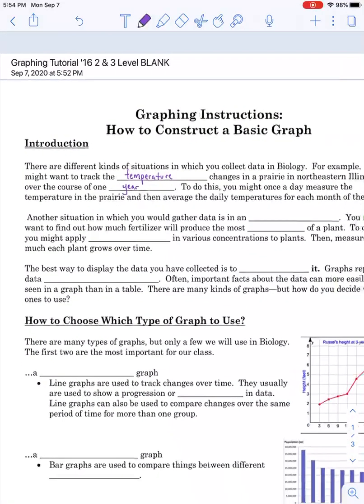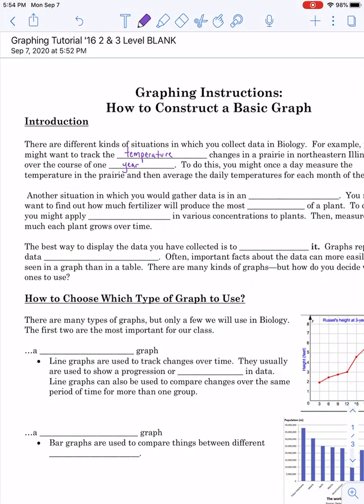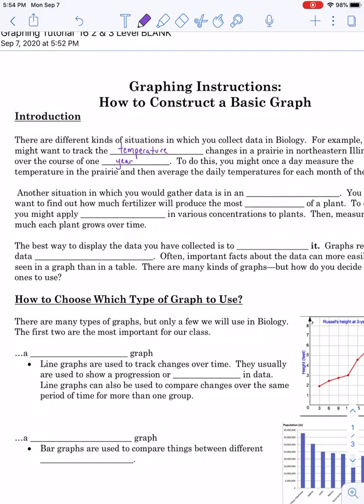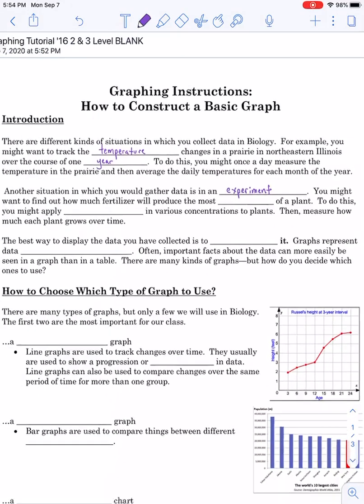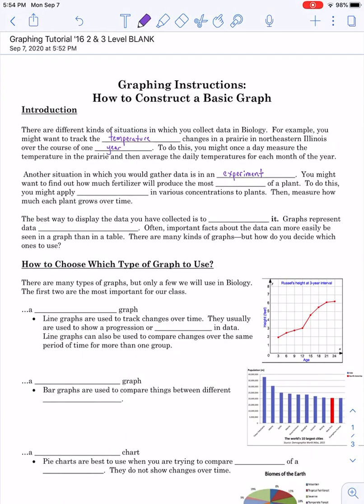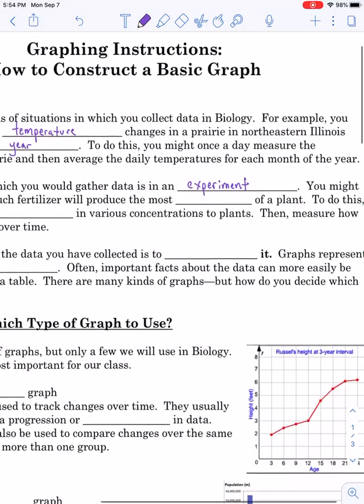So maybe you take the temperature each day, average the temperature over the course of a month, and then track that average temperature for the year. Another example is maybe you're conducting a well-designed experiment and you want to see how fertilizer will produce the most growth of a plant.